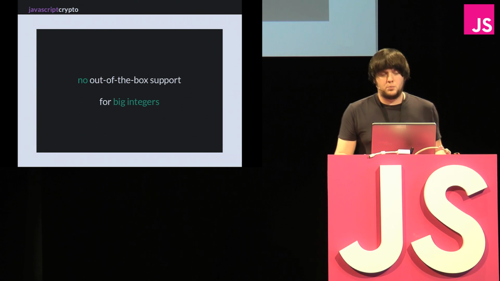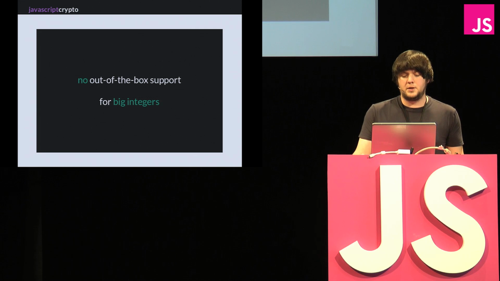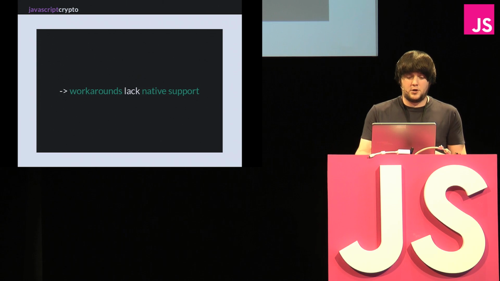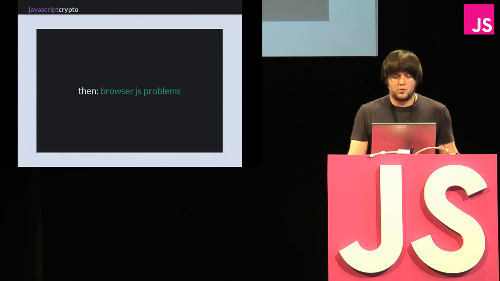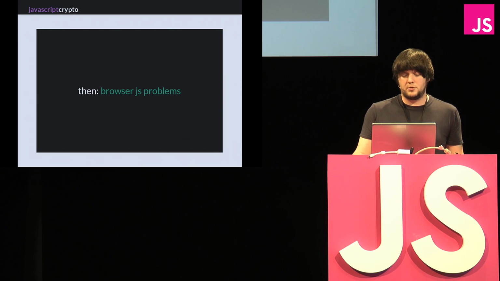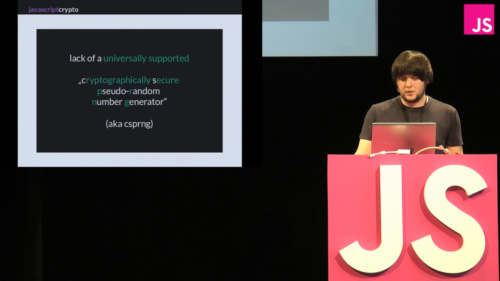And there's also no support for big integers, which is something that is really important for public key cryptography. And there are workarounds. There exist libraries that do this, but they don't have native support for this, so they're usually pretty slow.